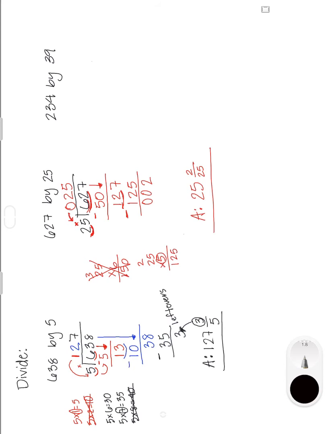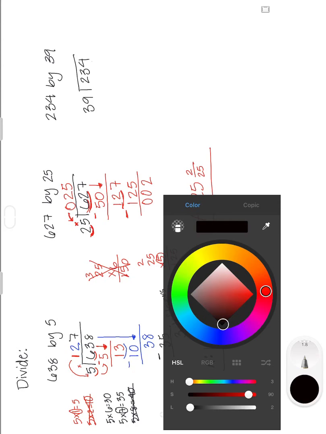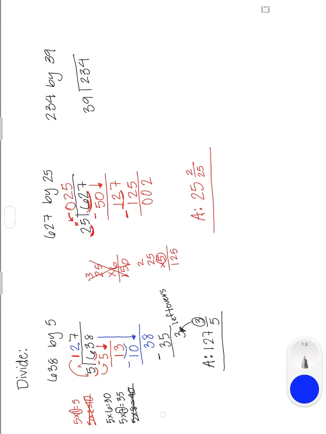Okay. Now let's try the last one. So we have 234 being divided by 39. So for this one, we can tell that first of all, 39 doesn't really go in 2. So that's a 0. It doesn't go in 23.